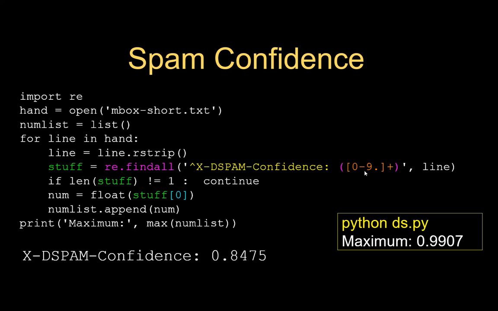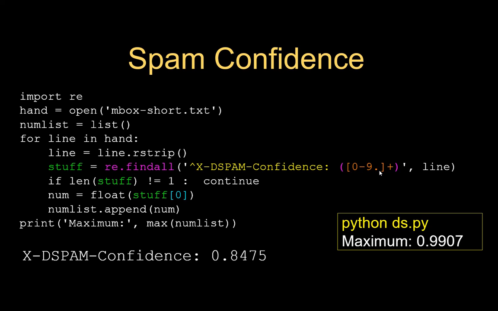So this portion is going to be one digit from 0 to 9, but because we have the dot, it could be any other digit as well.